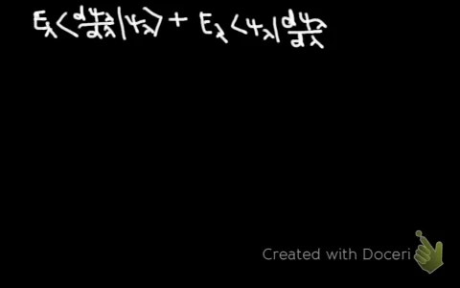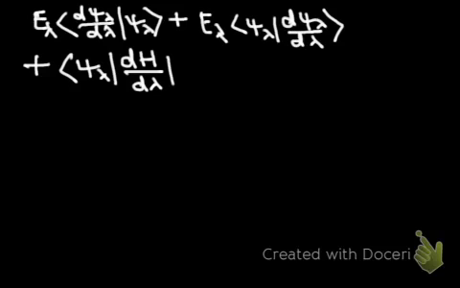I can write it as E lambda, d psi lambda over d lambda, and the state psi lambda as it returns me, plus similarly again E lambda, psi lambda and d psi lambda over d lambda, and finally the final term, that is the derivative acting on the operator, psi lambda, dH over d lambda, psi lambda.